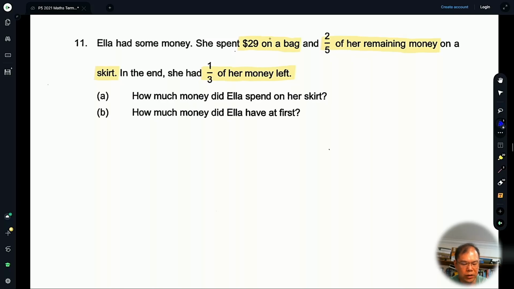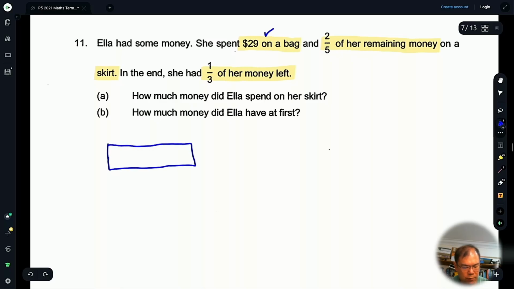Okay, so $29 on a bag. So I'm just going to draw a bar which represents $29 for the bag. Okay, and 2/5 of her remaining money. So she has some money.